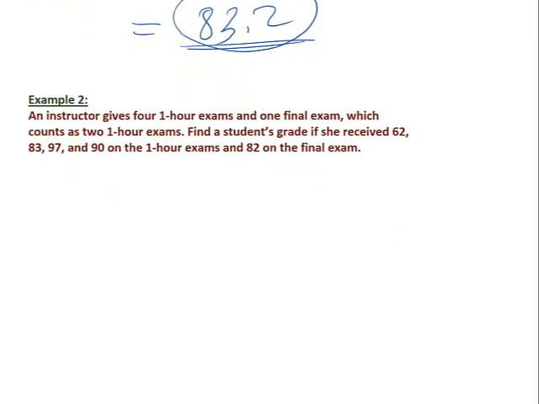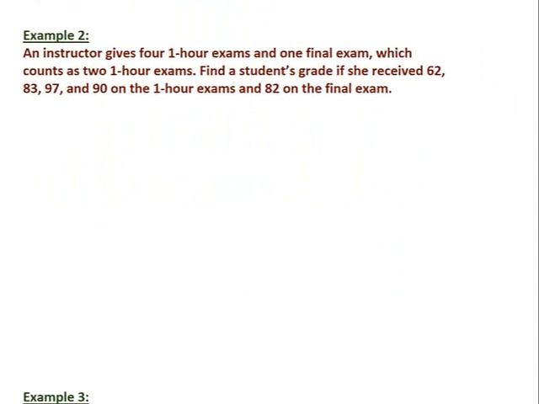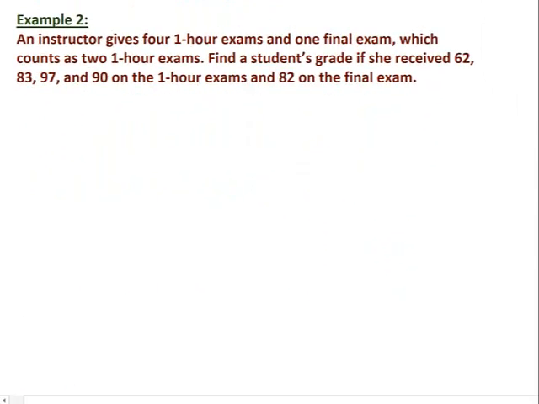Another example here. An instructor gives 4 one-hour exams and 1 final exam, which counts as 2 one-hour exams. Find a student's grade if she received 62, 83, 97, 90 on the 1 hour exams and 82 in the final exam.